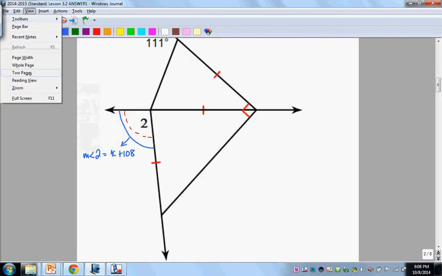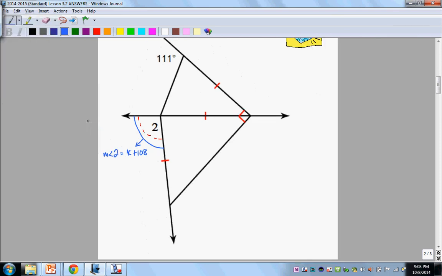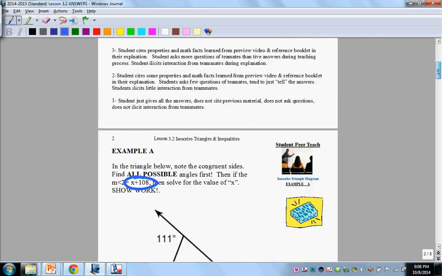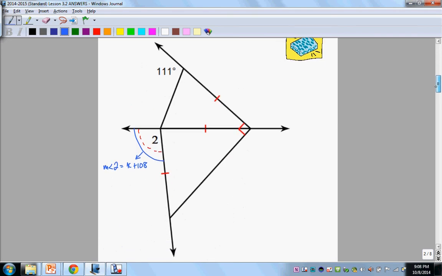Now, as you're teaching this, you want to cue students to watch out for several things. You want to have them watch out for linear pairs, where they share a spine and make a line that add up to 180. You want to have students watch out for vertical angles, bow ties.